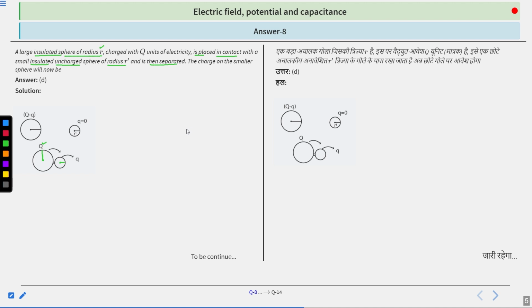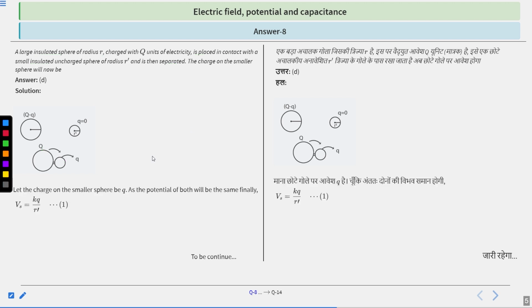So let the charge on the smaller sphere be q prime, as the potential of both will be the same finally. The potential of the small sphere, Vs, is equal to k q prime divided by r prime, and this is equation first.